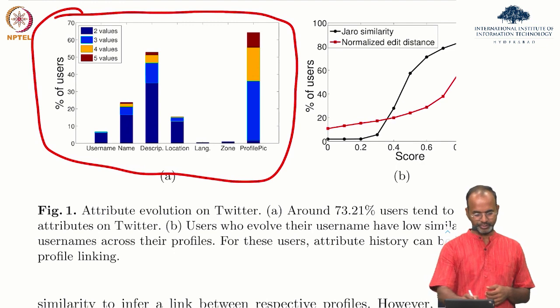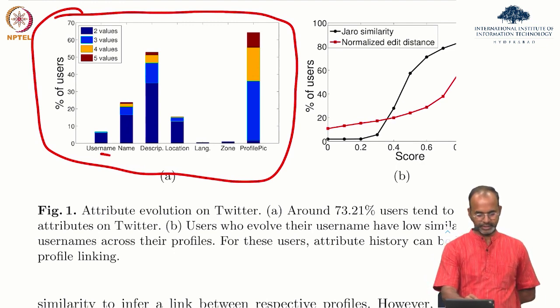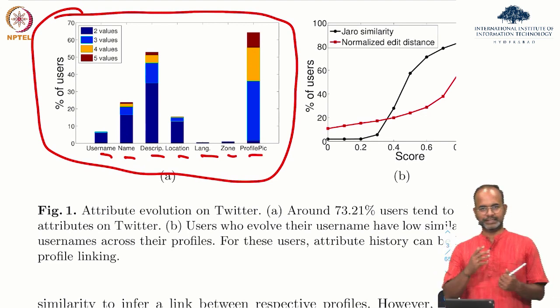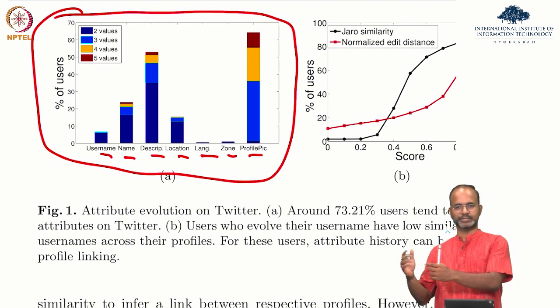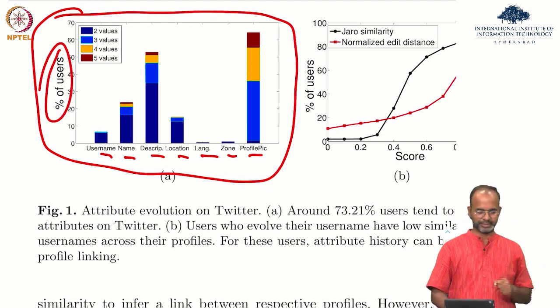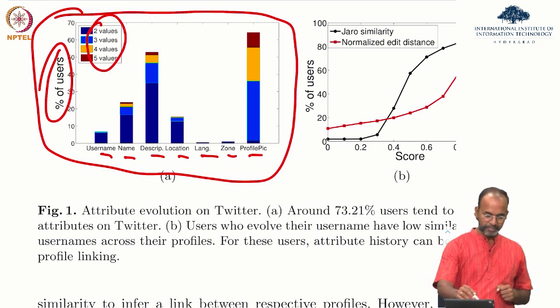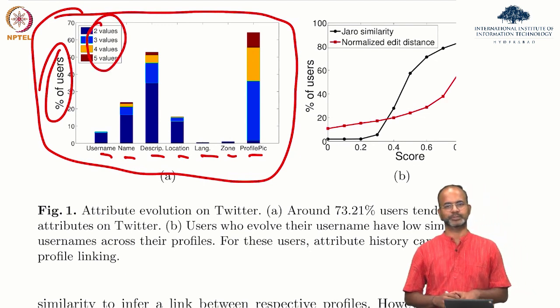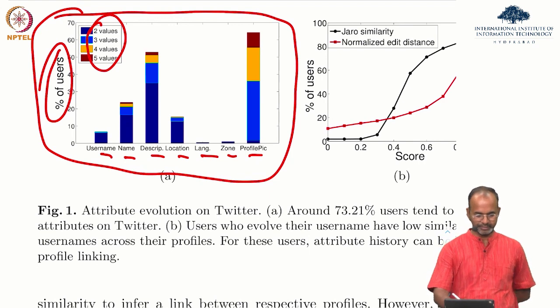This graph is showing you the details of username, name, description, location, language, zone, and profile picture. These are the details that users can change. This is the percentage of users of some data that was collected. This is the number of times that that feature was changed. How do you read this graph? This says that about, let's take 2% of users here changed the profile picture twice.